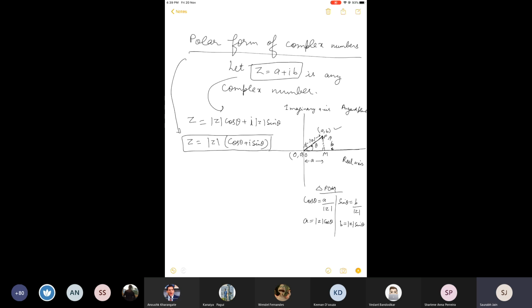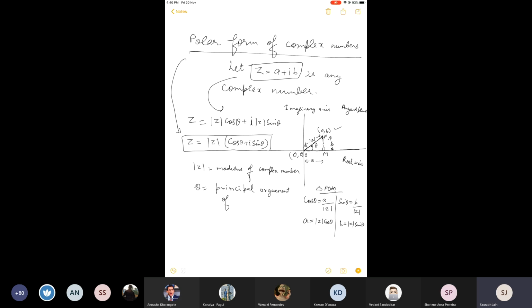So in order to write polar form of complex number, you need two things. Mod z, which is modulus of complex number, and next one is theta. Theta is the principal argument of complex number.